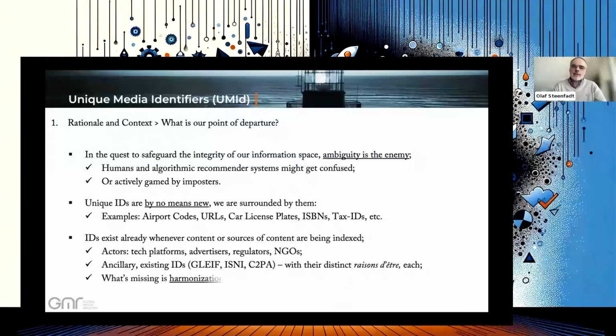And so my point, I guess, is that this is not about inventing something new. Many of those codes exist already with a distinct purpose, but it's about harmonization, about more or less creating a missing link between existing identifiers, both in our space, but maybe also others that might be relevant. I'm just seeing here the abbreviation GLEIF, which I actually didn't know previously, and that's the Global Legal Entity Identifier Foundation.